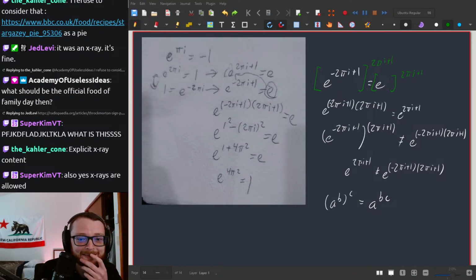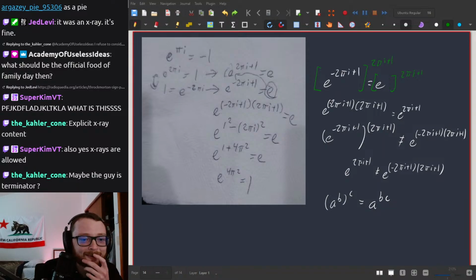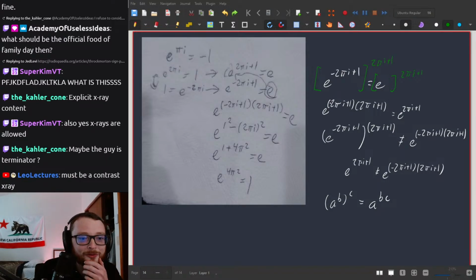Oh, okay. Why do dicks show up in X-rays? Oh yeah, I can see the balls too. I can't say I've looked at a lot of X-rays. The Throckmorton sign refers to when the penis points in the direction of unilateral disease?